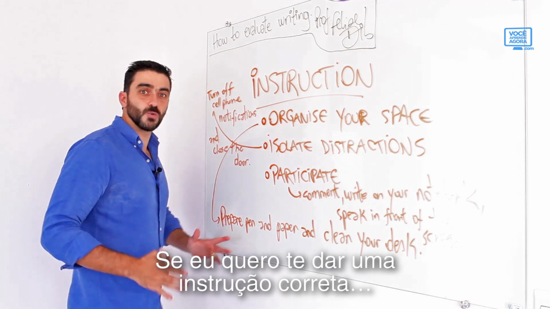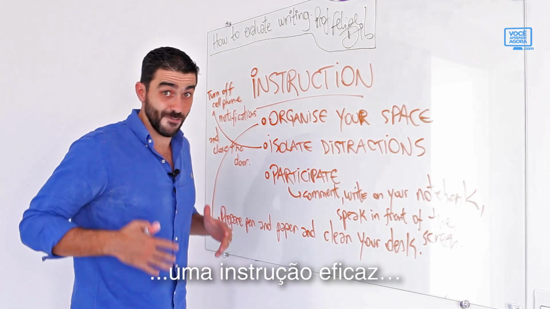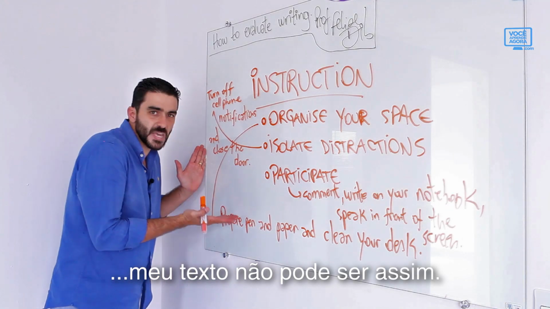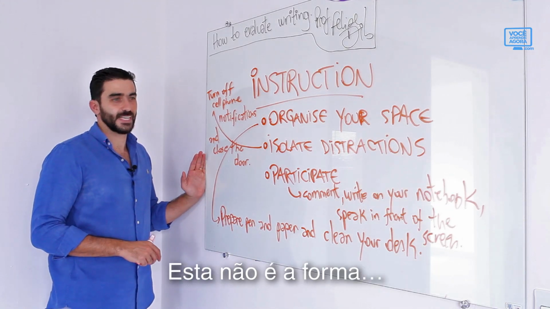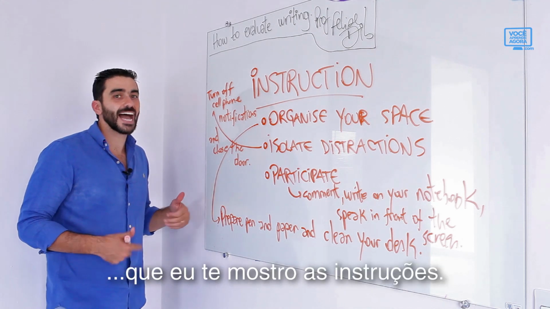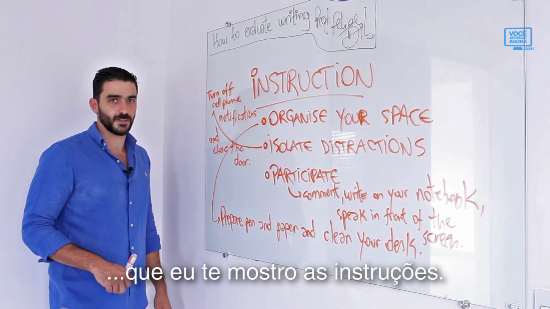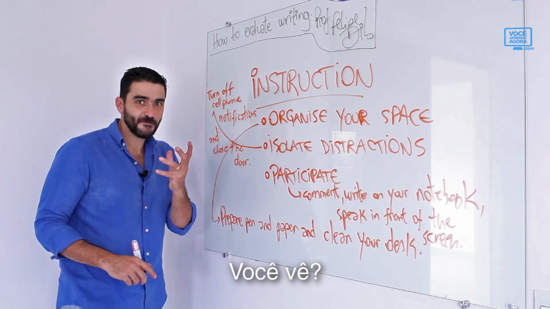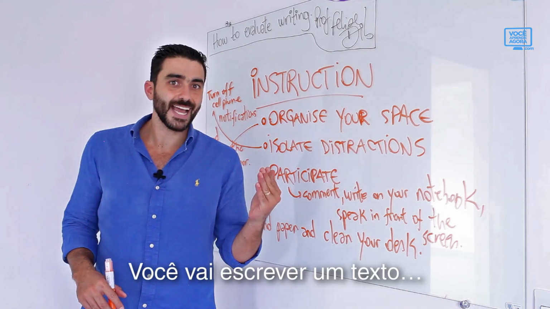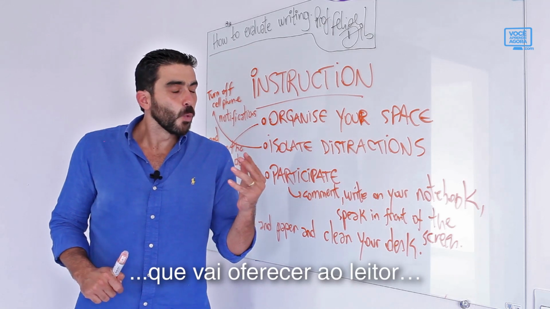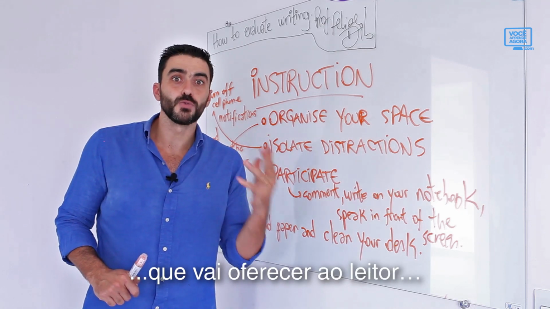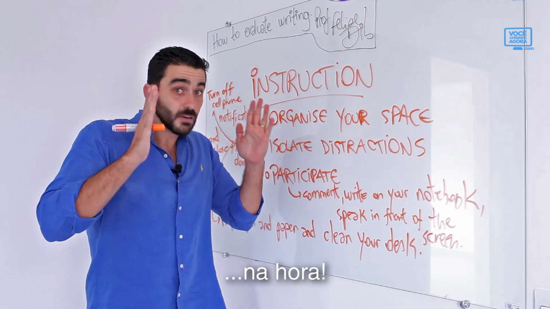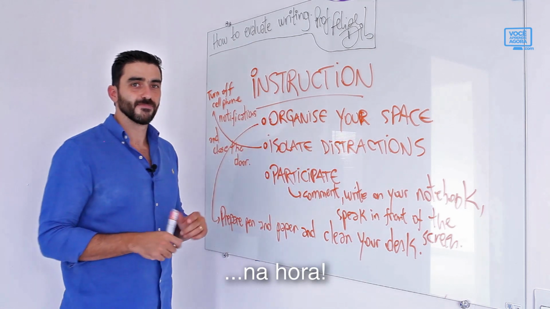If I want to give you an effective instruction, my text can't be like this. You are going to write a text that will offer the reader the possibility to read and understand right away. Okay?